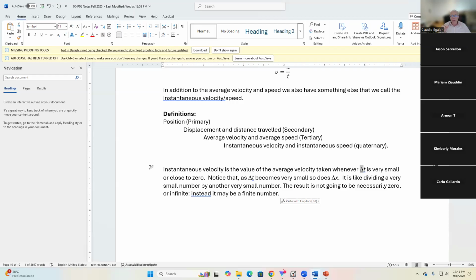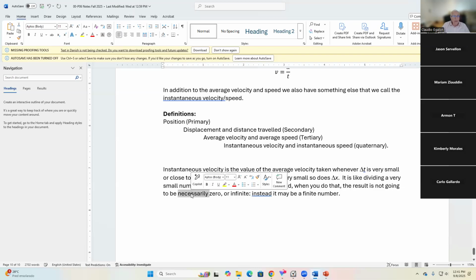It's like dividing a very small number by another very small number. And when you do that, the result is not necessarily going to be zero or infinite. Instead, it may be a finite number. Let me emphasize here.